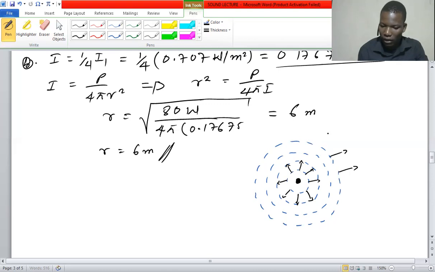So if you have a small spherical object that is oscillating so that the radius is changing periodically with time, it's going to produce spherical waves.